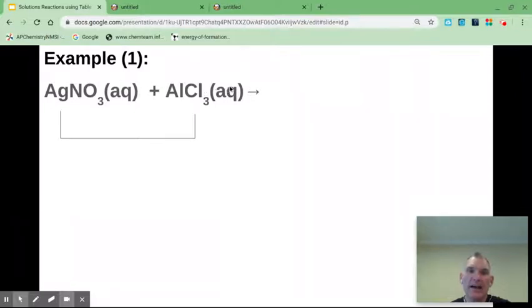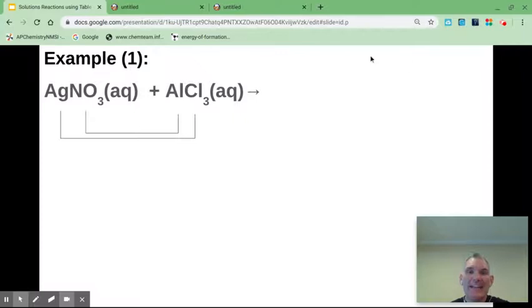Only plus minus interactions are going to work. While this is happening, the Al, that is plus, is going to connect with the NO3 on the other side. Again, this is going to give us a plus minus interaction that allows us to make the compound.